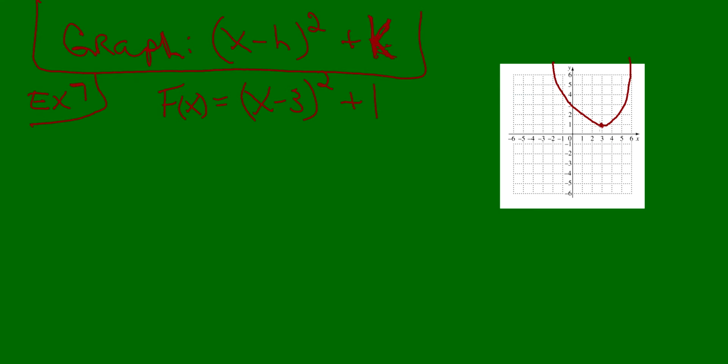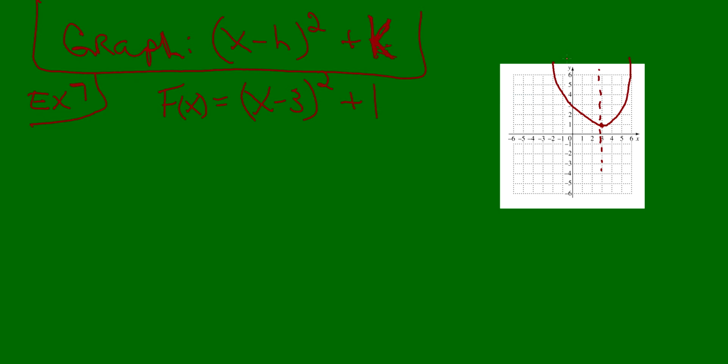But I know this is the vertex, and the line of symmetry goes through that vertex and splits the parabola in half equally. That indicates the line of symmetry, where x equals h.